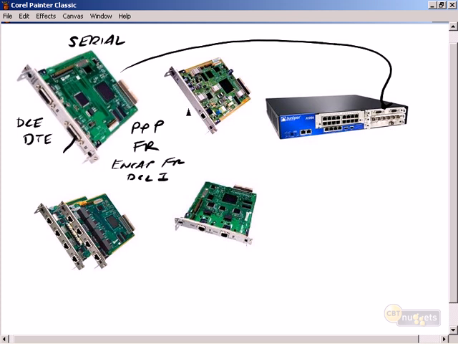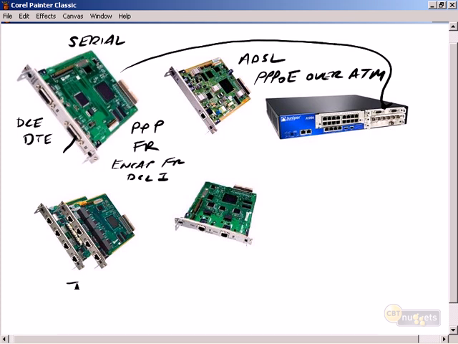You could also use this module, which is the ADSL module, for example, for a small office or a branch office. If you're dealing with an ADSL module, you'll be using PPPoE, or PPP over Ethernet. So you'll be getting some information from your service provider to help configure that PPPoE configuration as well. It could be PPPoE over ATM if it's a business connection, for example, to the central office of your service provider.